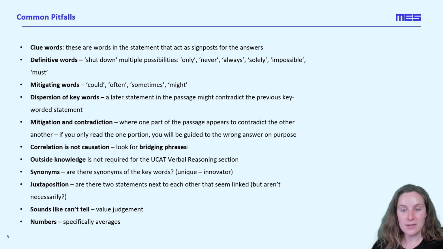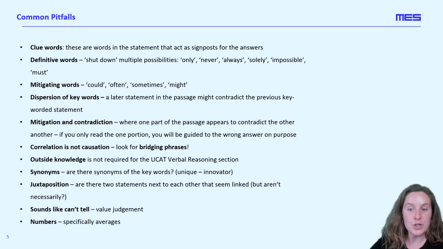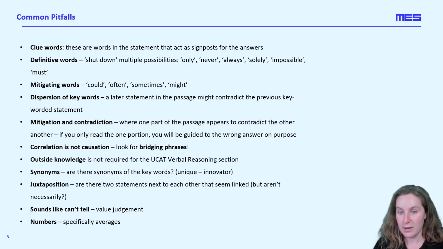For some as well, it may seem like the answer is can't tell, just because the same wording is not on par in the question as in the passage, but sometimes you need to make a value judgment based on the information you have, which means that you need to make a conclusion and decide that though the passage and the statement are worded differently, the meaning behind them is the same.